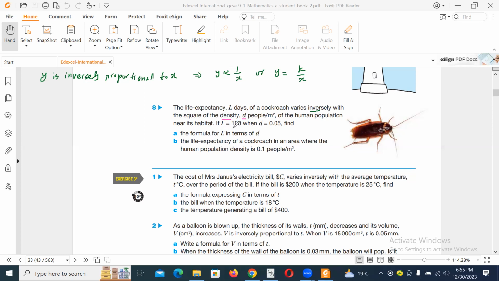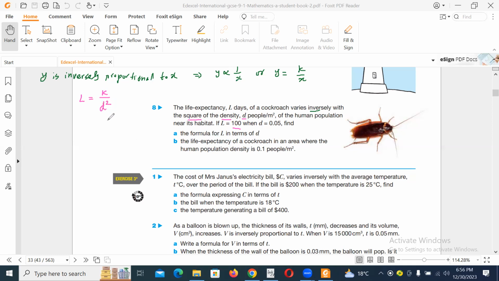And if L is 100 when D is 0.05, find the formula for L in terms of D. So as it is given that L is inversely proportional to the square, we can say that L is equal to K over density squared, okay? Square of the density means D power 2.